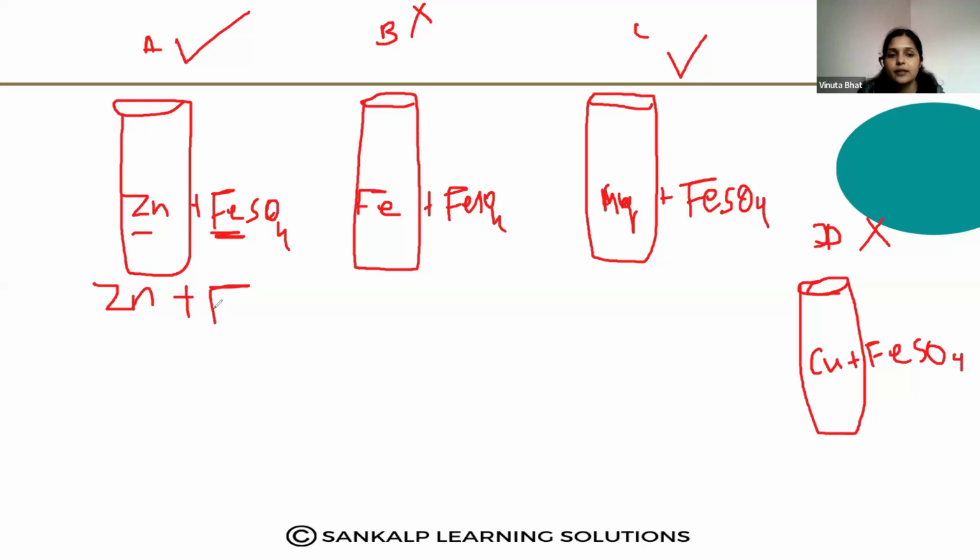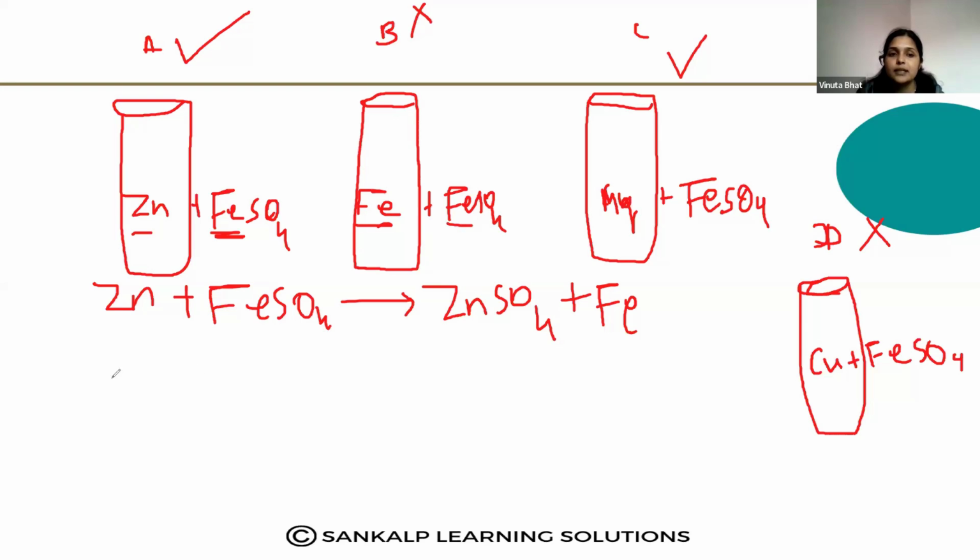I will write the reaction: zinc plus FeSO4 forms zinc sulfate plus Fe, because it is able to displace the iron from its solution. So zinc has more reactivity than iron, so this reaction is possible. But here iron is not able to displace the iron, so here the reaction does not take place.